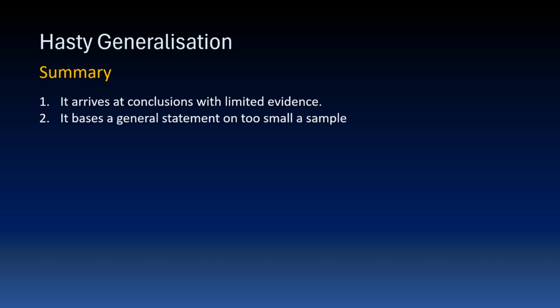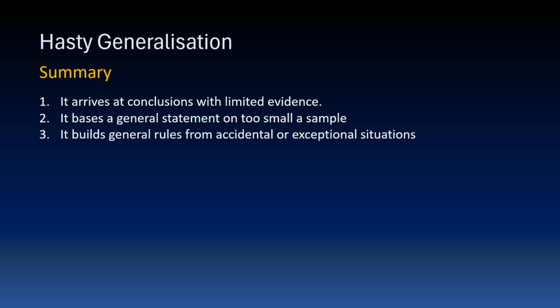Now, let's look at a summary on hasty generalization. It arrives at conclusions with limited evidence. It bases a general statement on too small a sample. It builds general rules from accidental or exceptional situations.